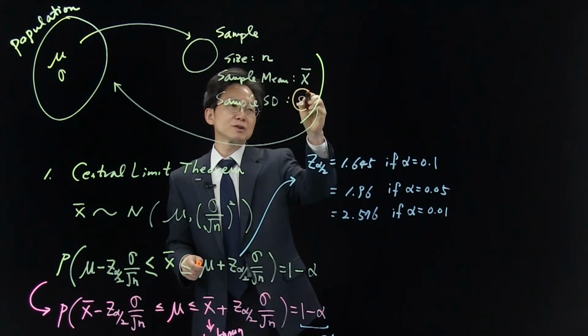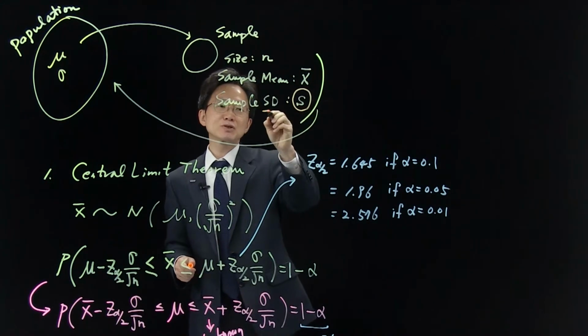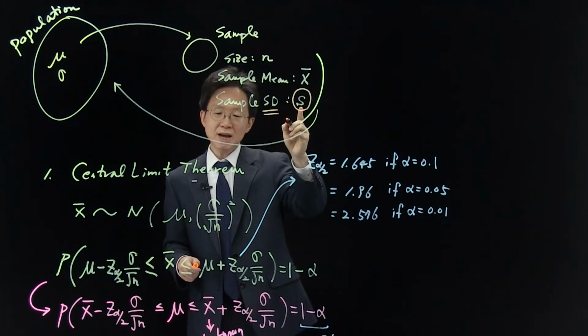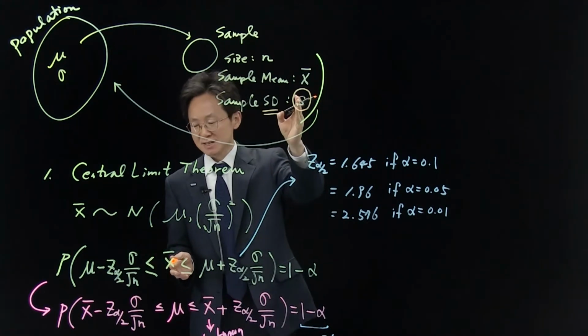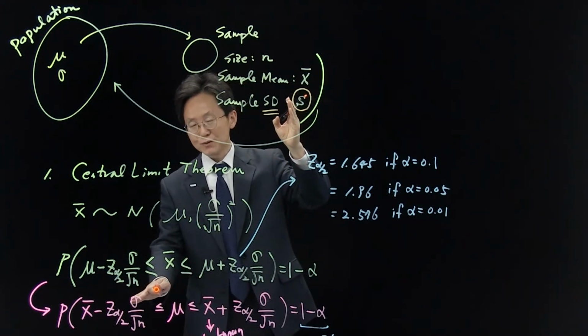What value can we use instead of sigma? We already know that we estimate the sample standard deviation, which is S. So it seems very natural for us to use S in lieu of sigma.